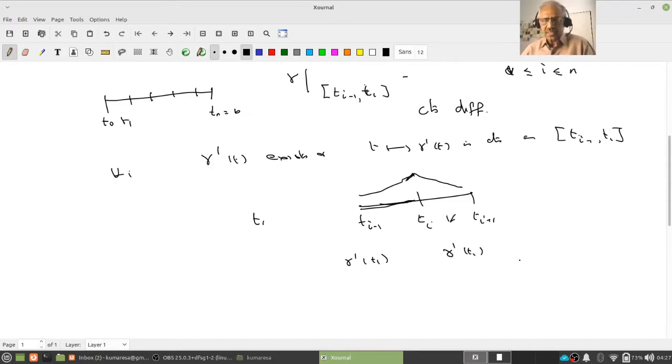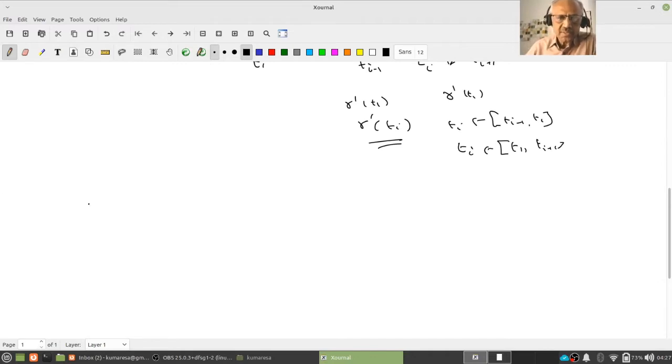Of course, you can say left derivative and right derivative, etc., but try to understand. When I think of gamma prime t(i), t(i) is a part of the interval t(i-1) to t(i), and t(i) is also a part of the interval t(i) to t(i+1). This may be different, so the tangents need not agree. One calls this a piecewise C1 path or piecewise smooth path.